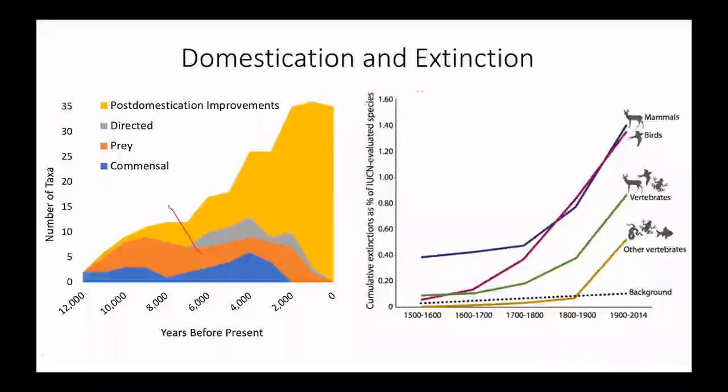So with things like dogs, there's a possibility that they became domesticated through the commensal pathway. But what you can see on this graph is the suggestion that all of this domestication through commensalism stopped about 2,000 years before present.